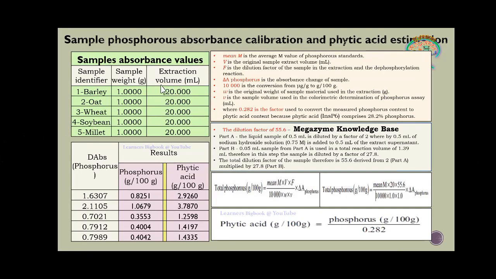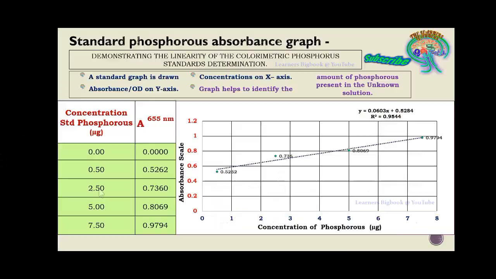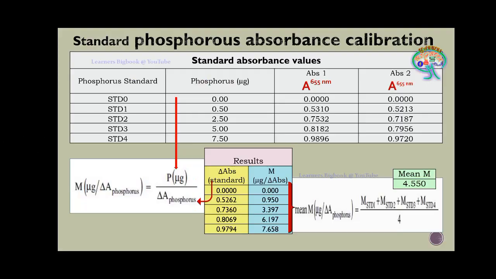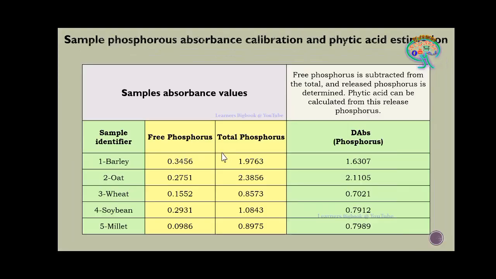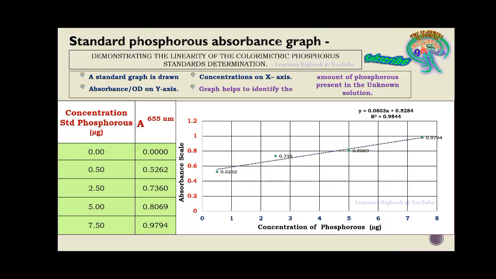We have taken 1 gram of each sample, and the extraction volume of hydrochloric acid is 20 ml. Further, we have the ABS phosphorus, nothing but the sample phosphorus after subtracting the free phosphorus from the total phosphorus.